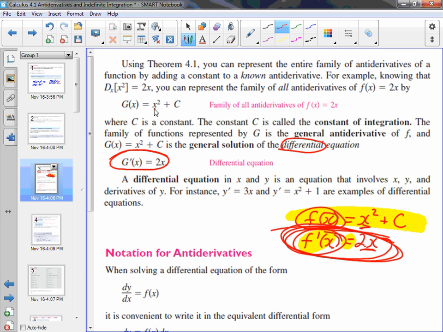A lowercase f of x can mean the derivative of capital F, or it can mean the antiderivative of f prime. Or it can mean both. Okay? So the regular f that we've been used to is kind of in between. Okay? See?